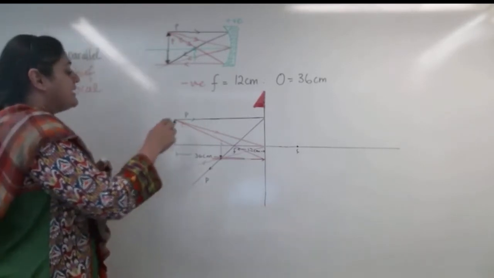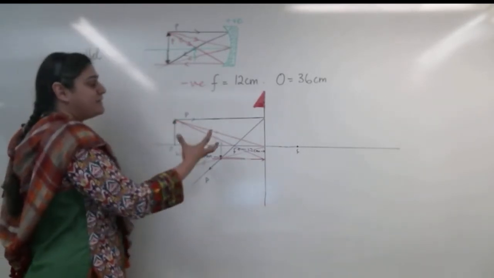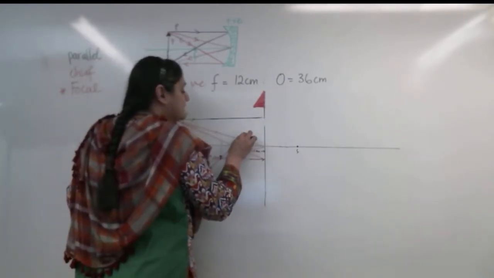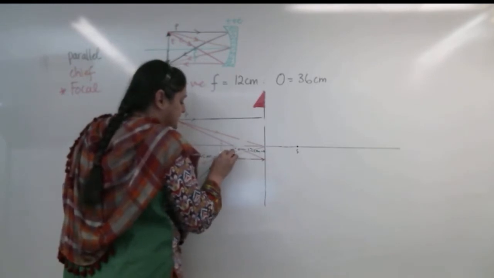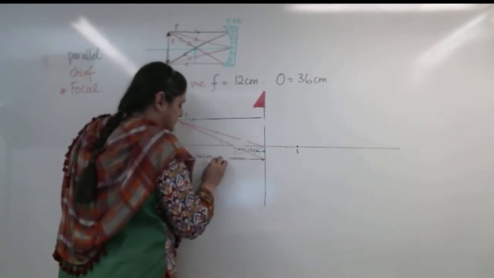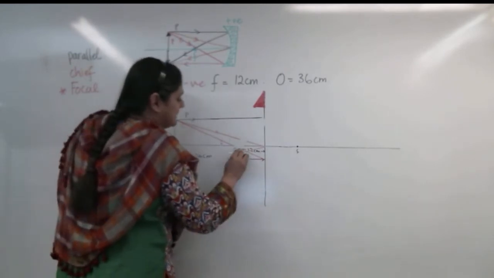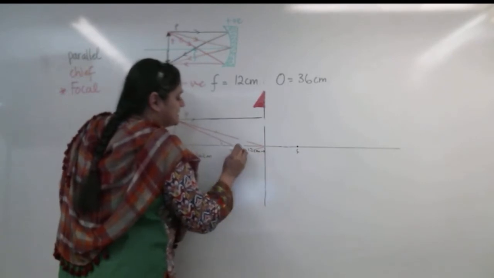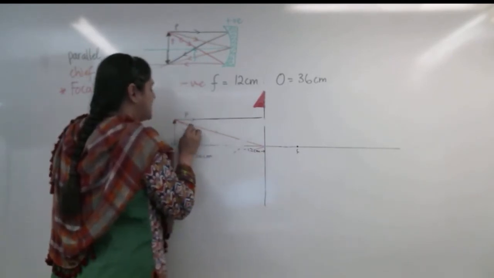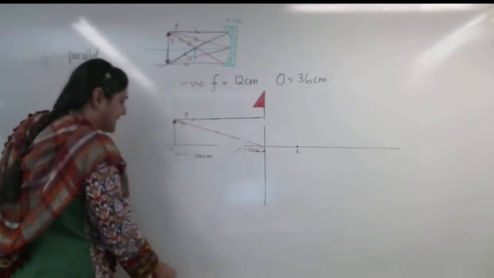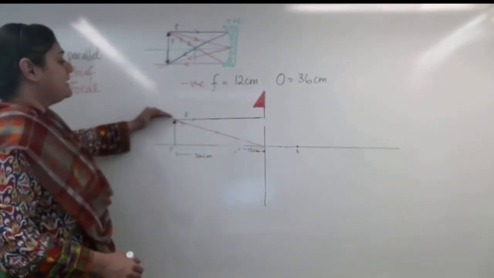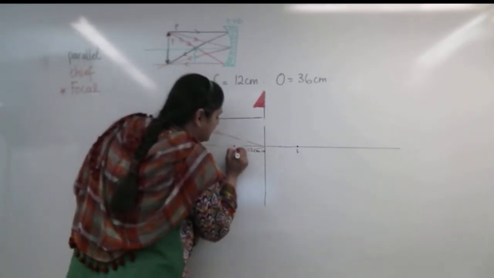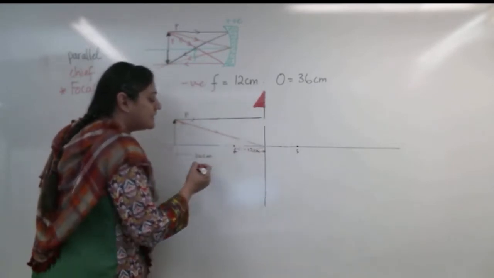Rays will remain the same, however, because this is a convex mirror, it will not have converging rays, right? So things will change. So I'm going to leave the rays as they are for the ones that are not going to change, but there are rays that are going to change, and I'm going to change them. Okay, so first off, parallel will go parallel, so that's good, except now it is not going to converge in.